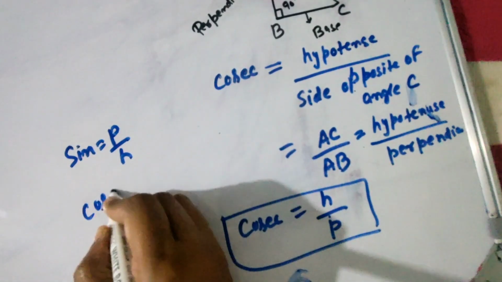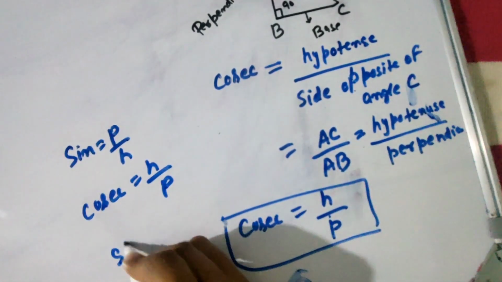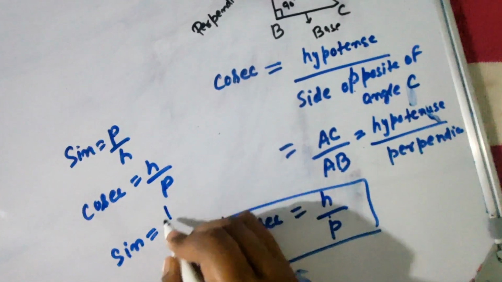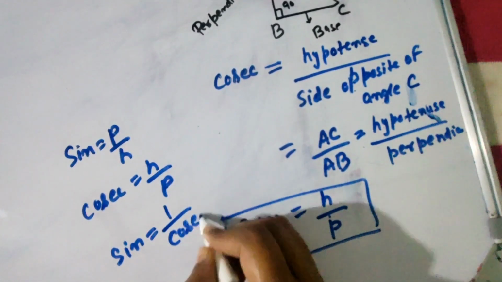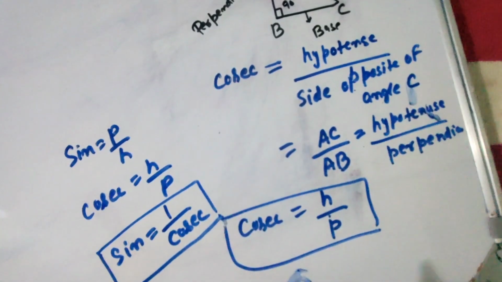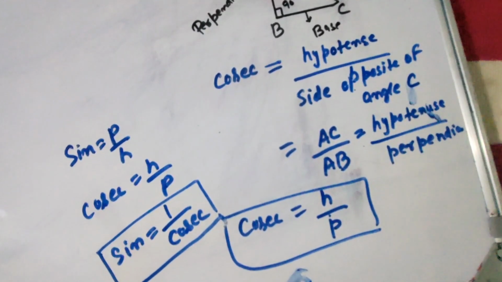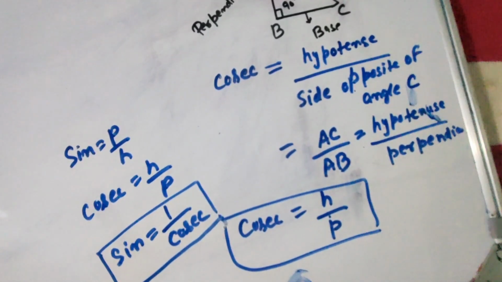Means sine is the inverse of cosec. This is the formula: sine equals 1 by cosec. You remember the sine formula is perpendicular by hypotenuse, and the cosec formula is hypotenuse by perpendicular. Means sine is just 1 by cosec.